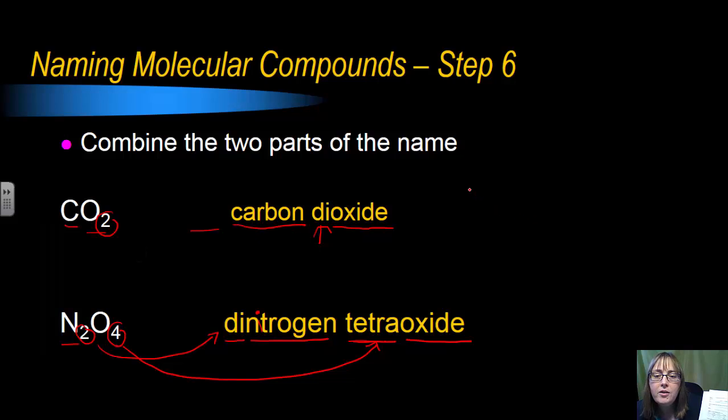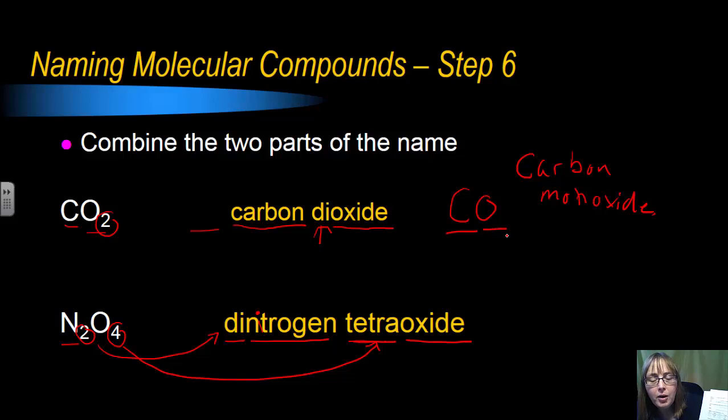What happens if I had CO2? Sorry, not CO2, but CO. And this is carbon monoxide. In this case, just like what I did for the carbon dioxide, since there's only one carbon, I never use the word mono in front of it.